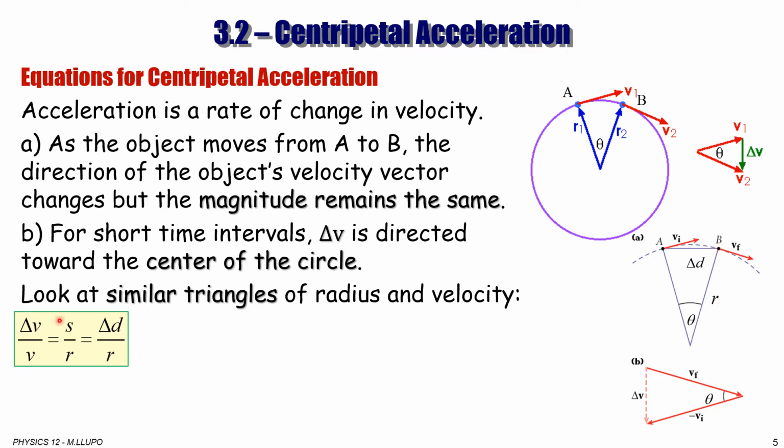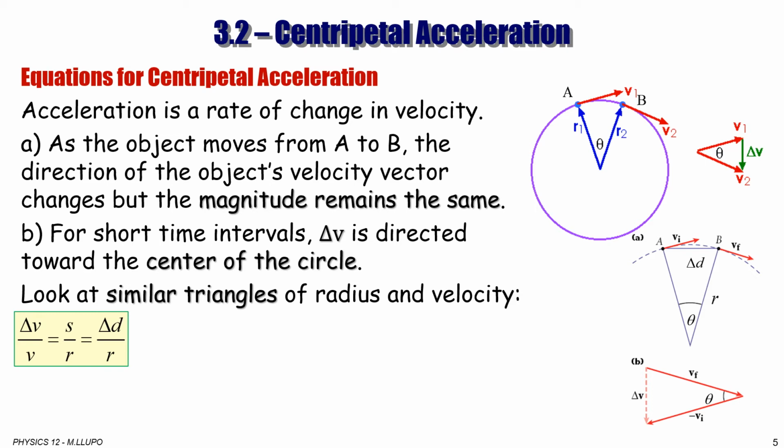So S over radius. Or if we have a very small angle, when the distance between A and B is very small, that sector and the straight-line distance, delta D, are the same. So instead of the sector, we can write delta D over R.